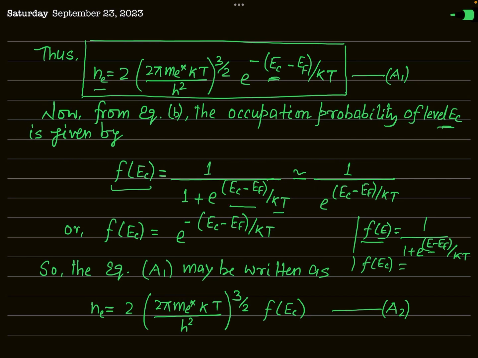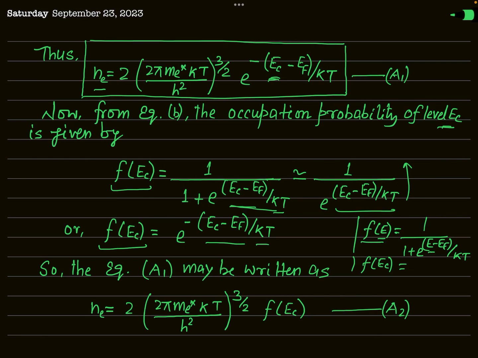You can see here EC has been written in place of E. But as you have seen earlier, this exponential factor is much greater than 1, so you can neglect the 1 in the denominator, and neglecting it we find that F of EC is equal to this much. When you bring it to the numerator, F of EC will be e to the power minus (EC minus EF) by KT.